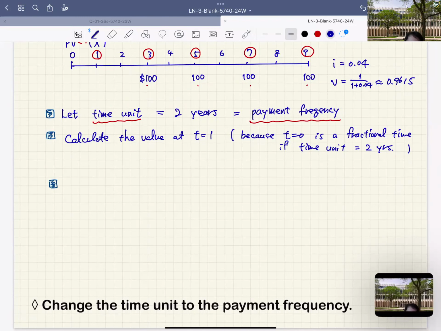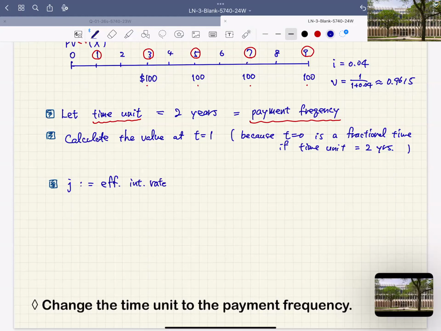And the next point is, if we make the time unit equal to 2 years, we need the effective interest rate for 2 years. So let j be the effective interest rate for 2 years.